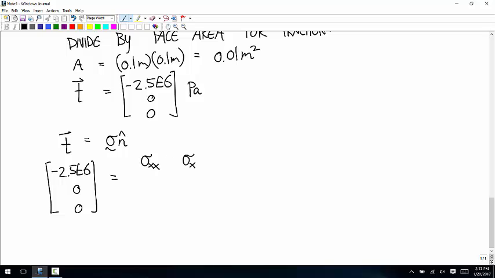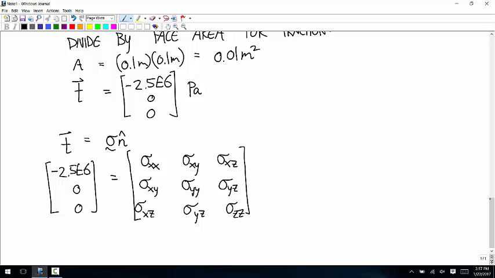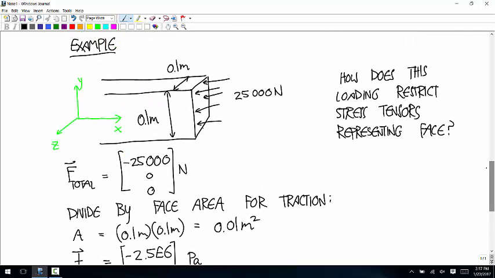So xx, xy, xz, xy, yy, yz, xz, yz, zz. And what's a unit vector that's pointing directly out of that face? Yep, positive 1, 0, 0.